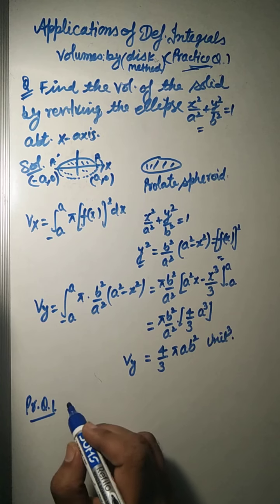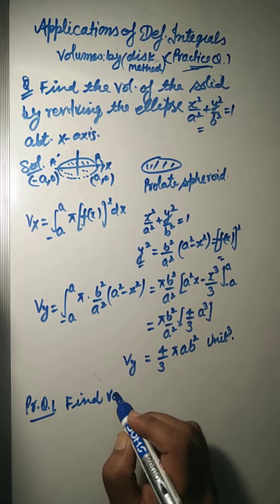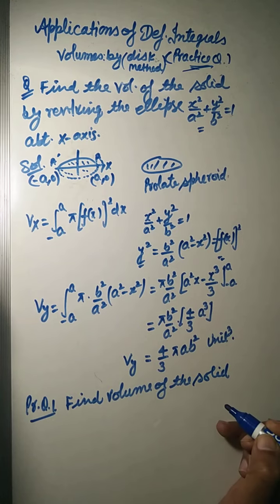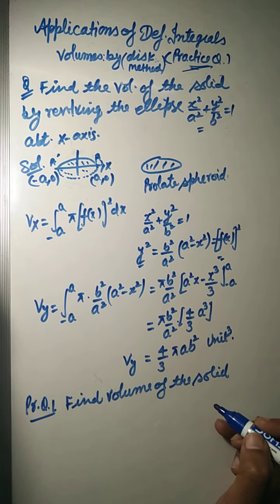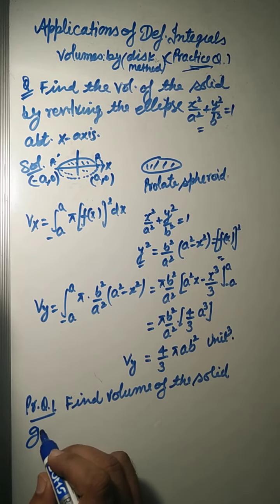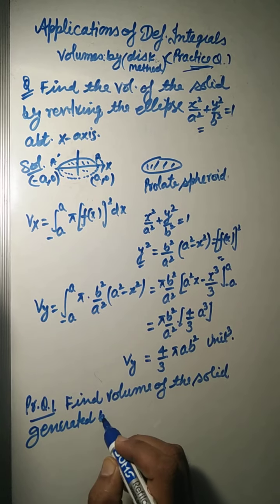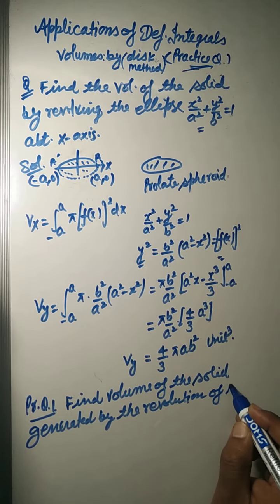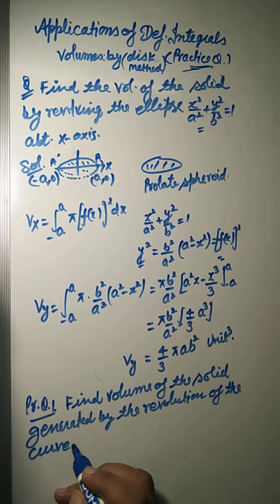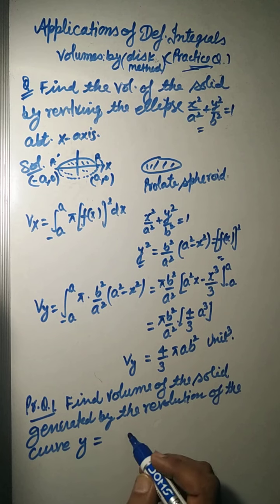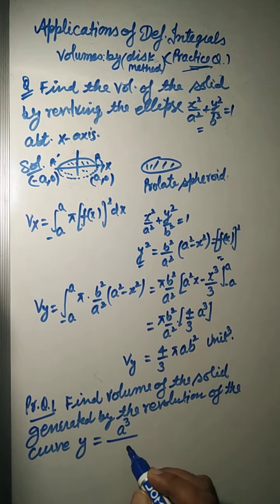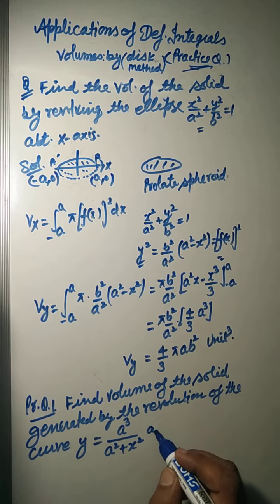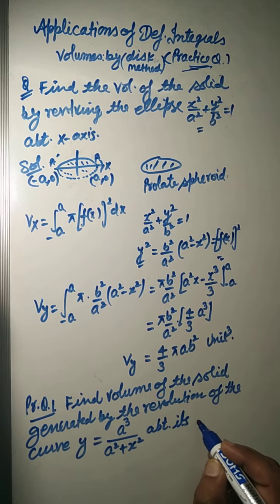Find the volume of the solid generated by the revolution of the curve y equals a cubed upon a squared plus x squared about its asymptote.